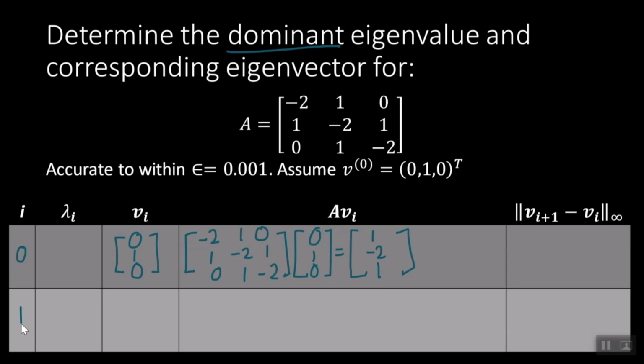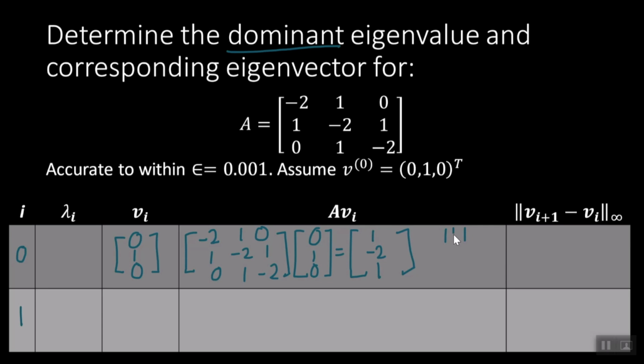Okay, and from here we could find lambda. Now look, lambda would be the entry with the highest magnitude. So the highest magnitude would be 2, because the highest magnitude is the absolute value of each entry.